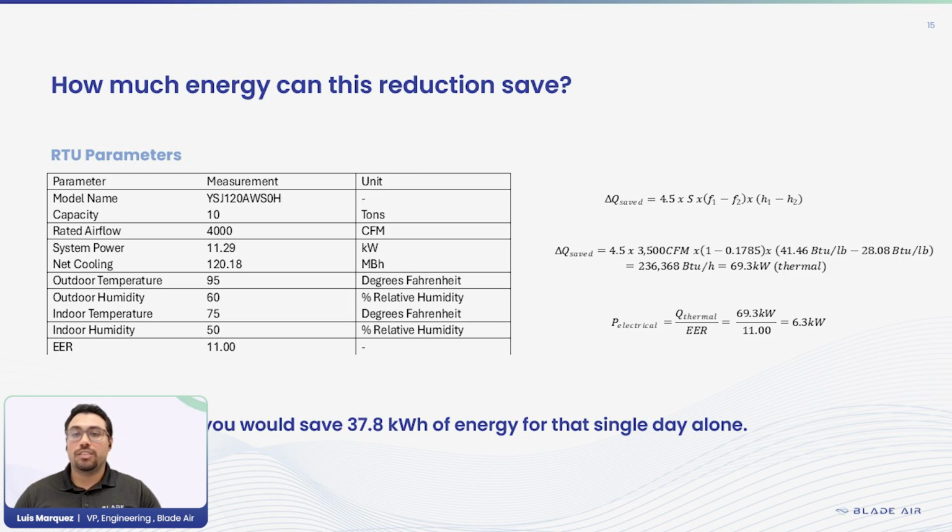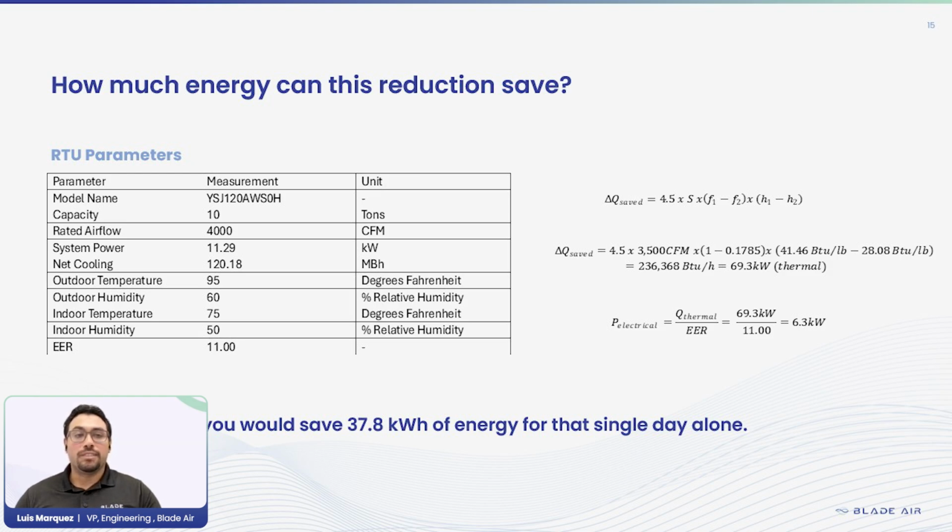That just means that we're not just considering the temperature change, but also the humidity change. And so we can actually calculate how much more energy is required for us to condition that outside air, which adds up to 69.33 kilowatts of thermal power. And thankfully, our data sheet has our efficiency of conversion. So that 69.3 thermal, using our EER number, tells us that our Trane unit would need 6.3 kilowatts of electrical power to accomplish that.